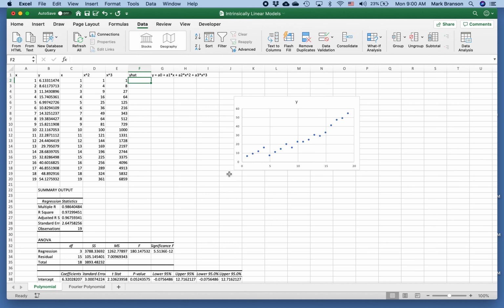So I'm going to put this in, starting with C38, our intercept.